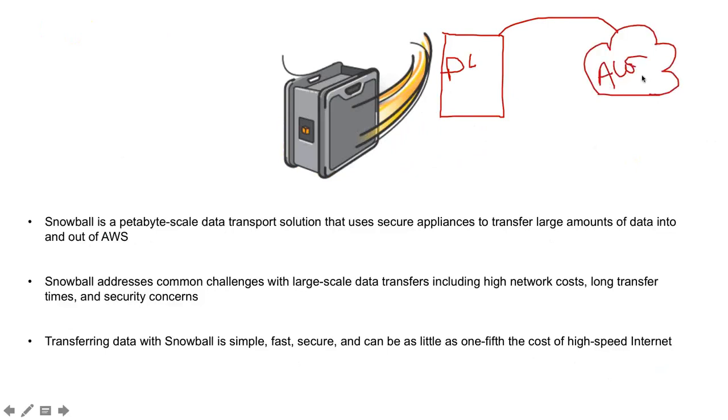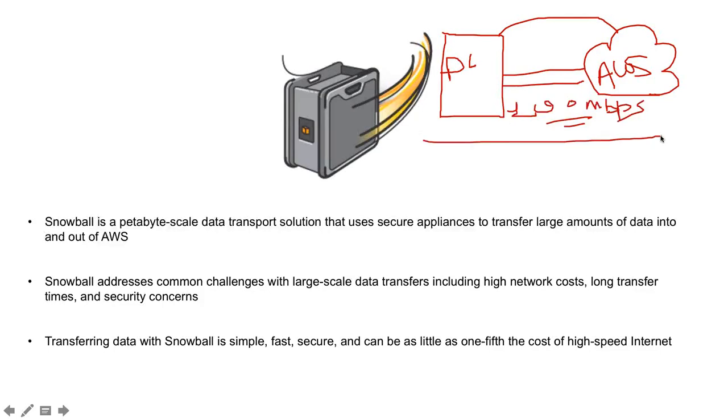Now, let's suppose that you have gone with a 100 Mbps dedicated link between the AWS cloud and your data center. Now you decide that you want to transfer over 100 terabytes of data over this 100 Mbps link from your data center to the Amazon Web Services cloud.